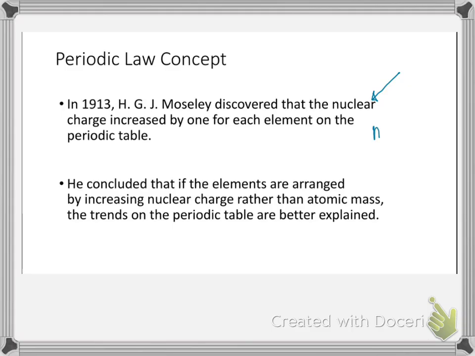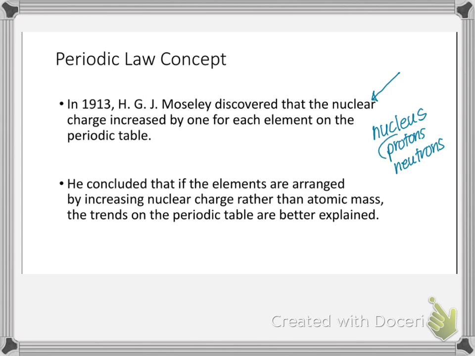So if I can remind you, in the nucleus, you have protons and you have neutrons. And so what this is saying, and I don't think in 1913 they knew about the neutrons yet. All they really knew is the positive charge in the nucleus. So they didn't know about the neutrons. But we know there's protons and neutrons in the nucleus, and then electrons outside the nucleus.